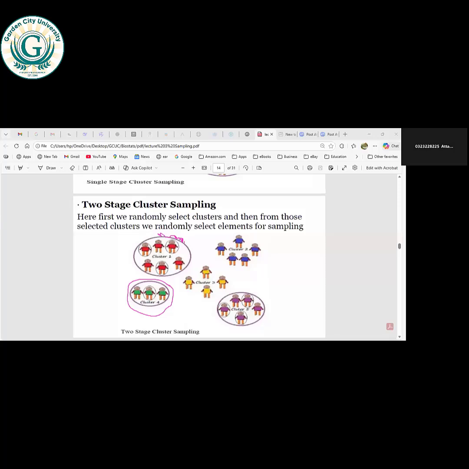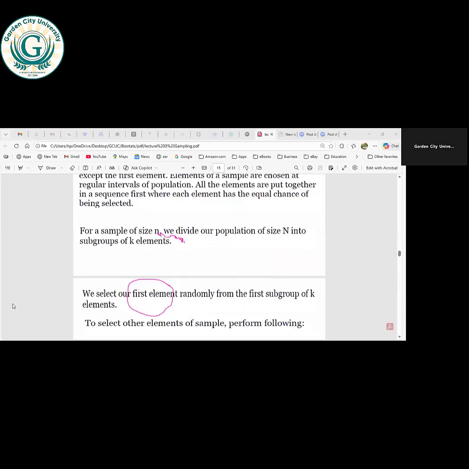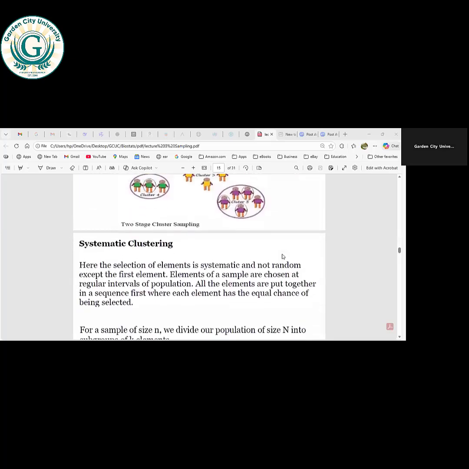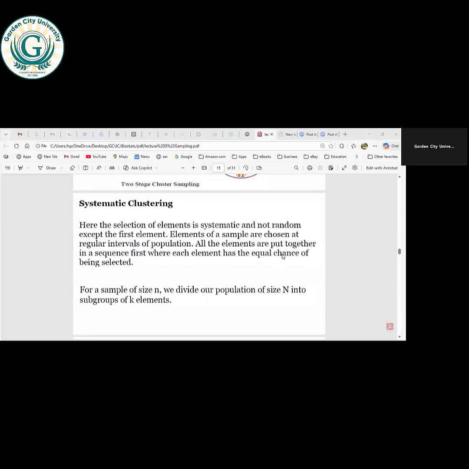So let's move on. So you can lower your hand and let's move on to what we call the systematic sampling technique. So for the systematic sampling technique, you are going to select every key item.